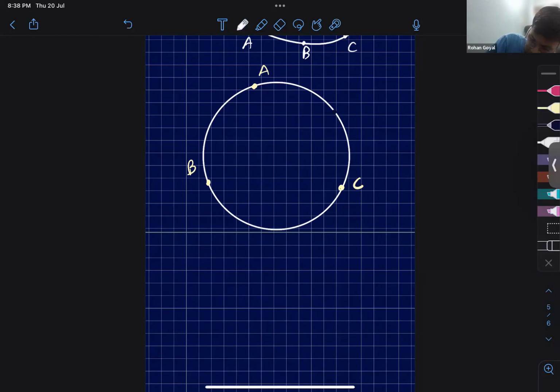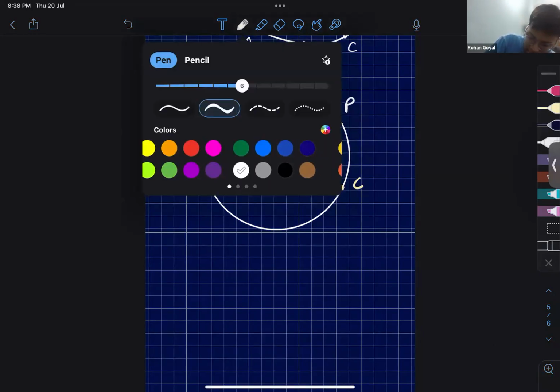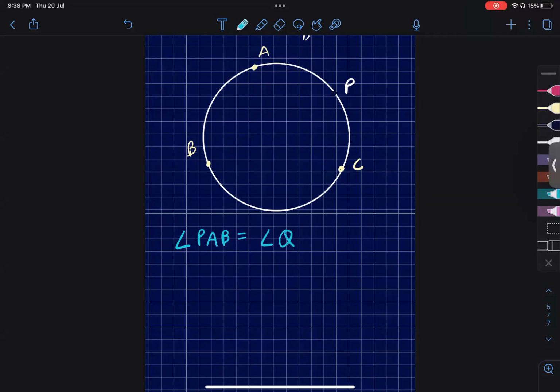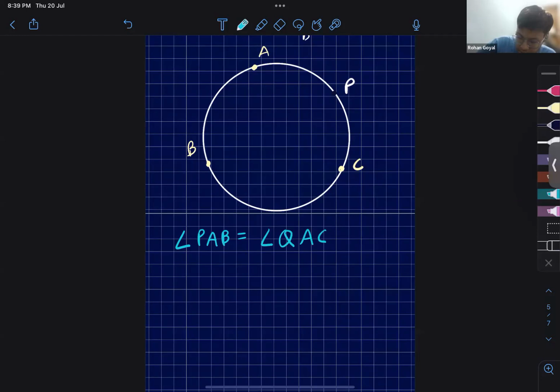Then angle PAB is equal to angle, let's say Q is the isogonal conjugate of P, right? QAC.